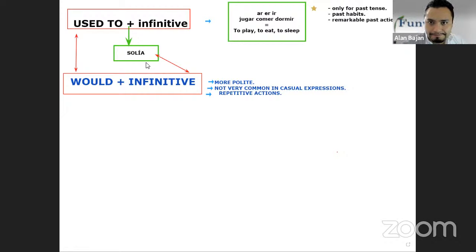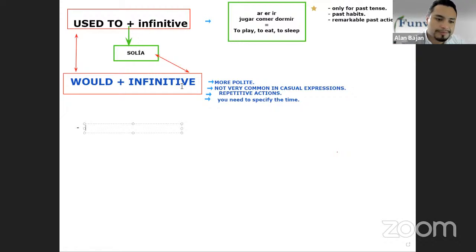Examples. Another characteristic of would is that you need to specify the time. With used to it is not necessary.